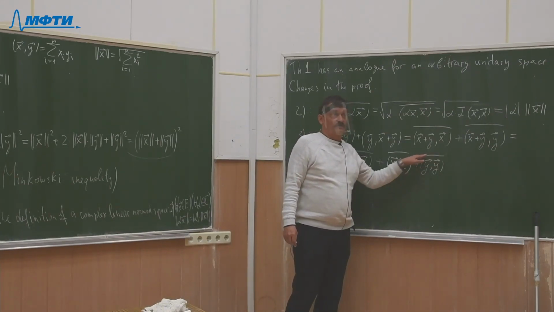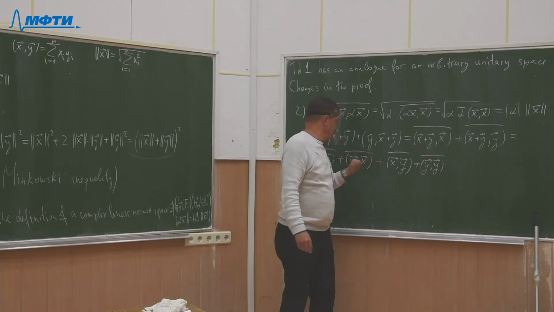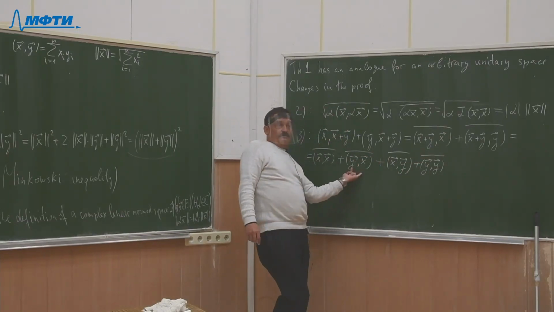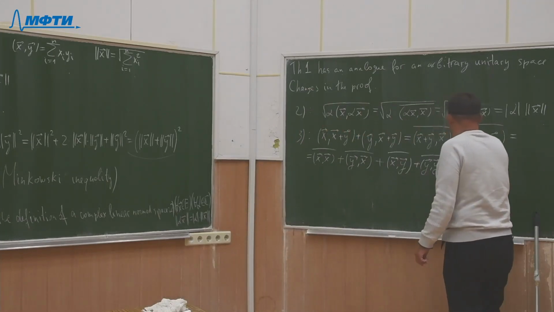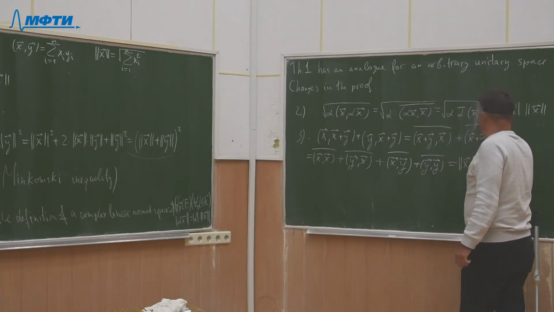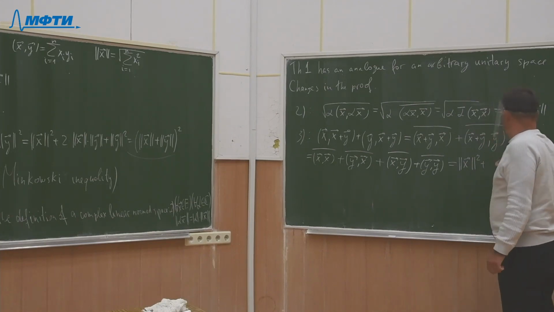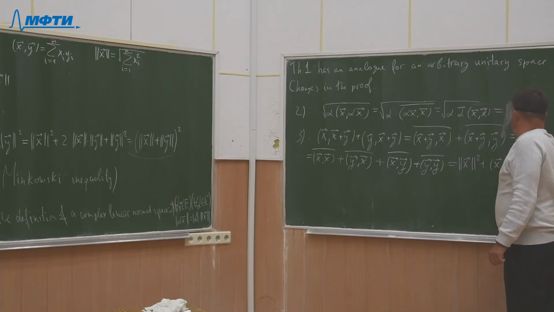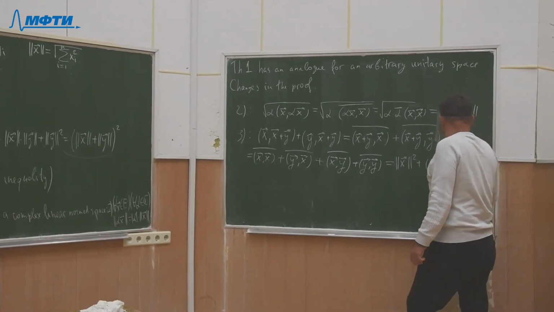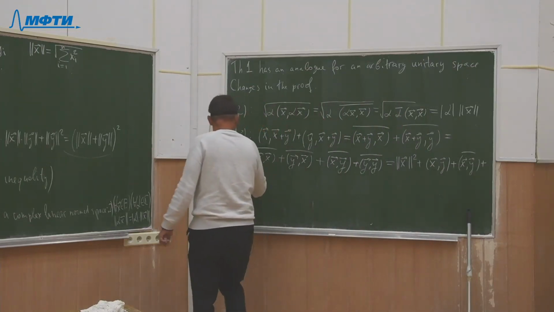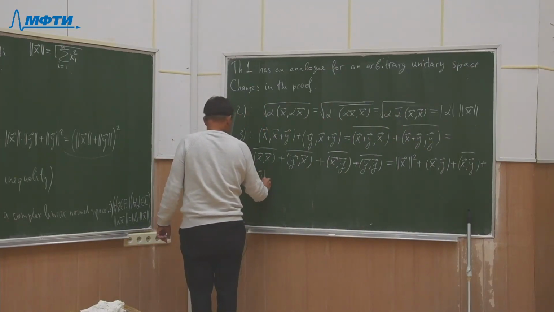So we may forget about conjugate, right? And here we change back, forget about conjugate again. So we have norm x squared plus xy plus xy conjugate plus norm y squared.